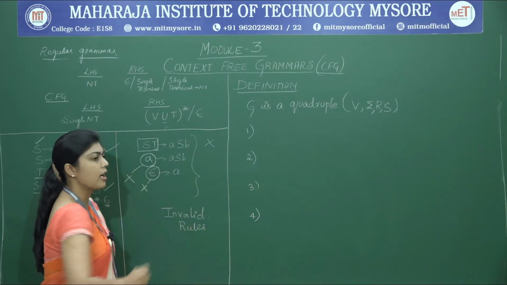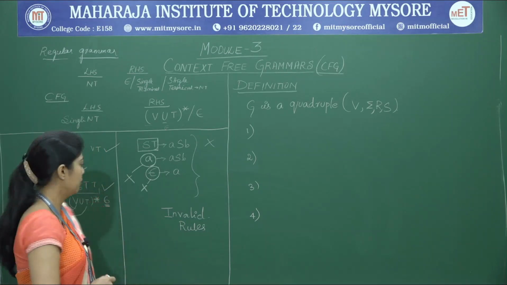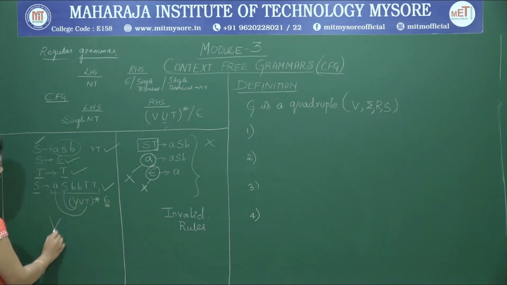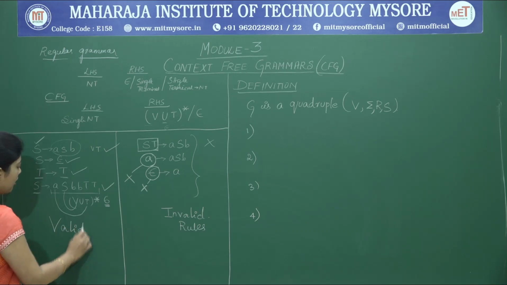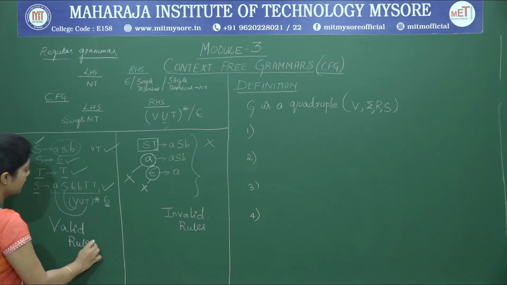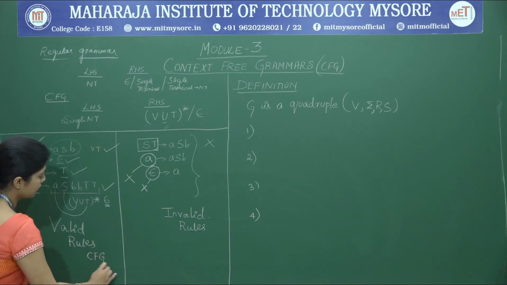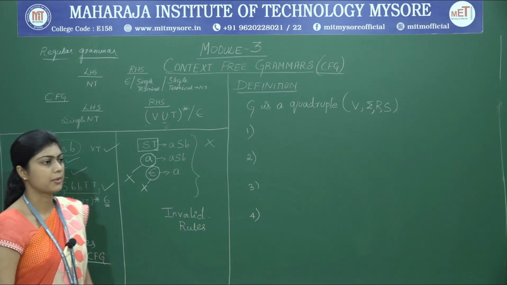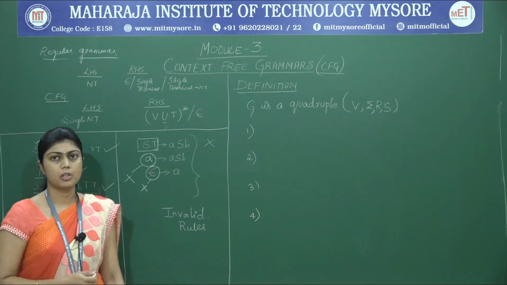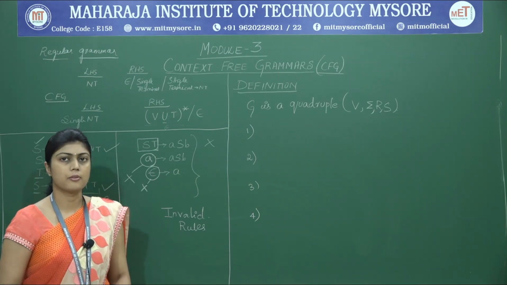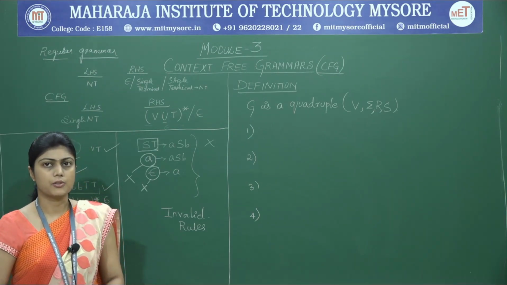So these rules are nothing but the production rules, and these are examples of the valid rules for the CFG, that is the context free grammars. So we have already written some of the rules of the context free grammars. We know what are the different parts of the context free grammars.